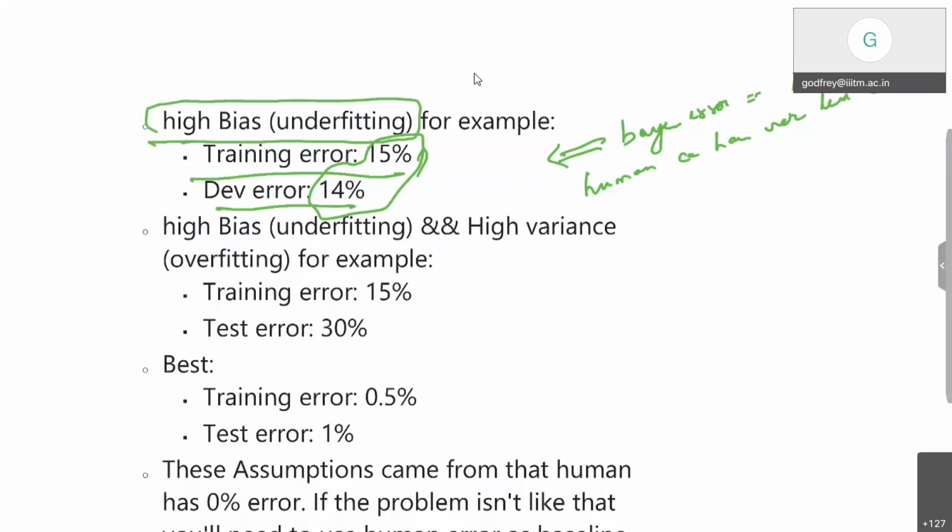So it means that it has not learned as well as the human. So just by not looking at the training error and the dev error, but by comparing their errors with respect to a human being, we will be able to say whether a model has a high bias.